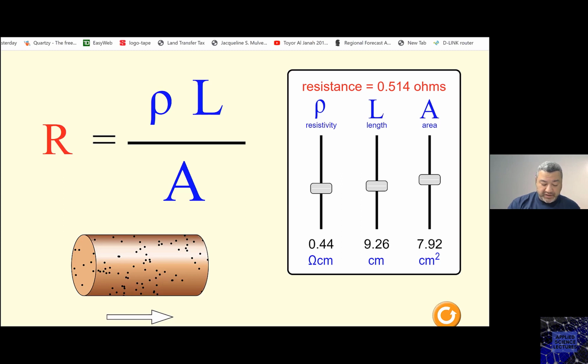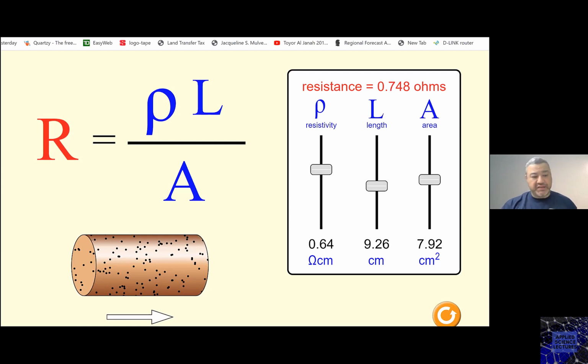As you can see here, the relationship between the resistance R and the resistivity rho is proportional. So if you increase the resistivity, the resistance is going to increase. And we define the resistivity as how easy the current can flow through this material due to the material itself that you're building this resistance from.